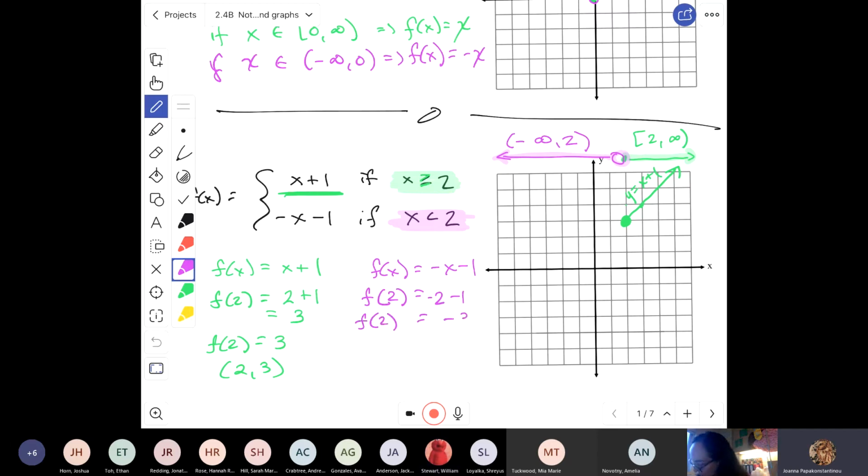Negative 3. Beautiful. So at 2, I'm at -3 on this part, but I'm not included, so I have an open circle. I'm not including that point because it's only for x's less than 2, but that tells me where to go on my graph. Now, what is the slope of that line?